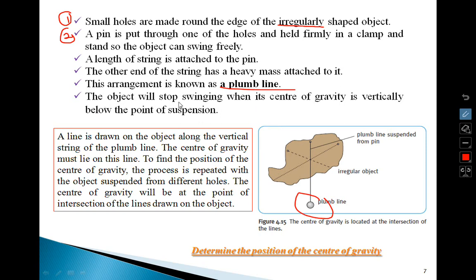The object will stop swinging when its center of gravity is vertically below the point of suspension.